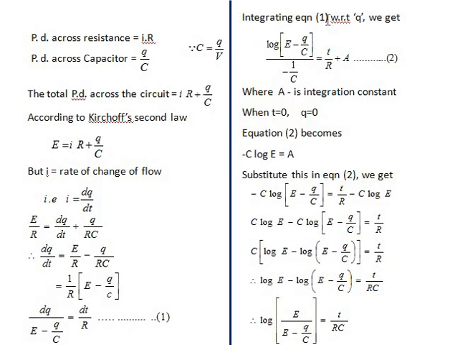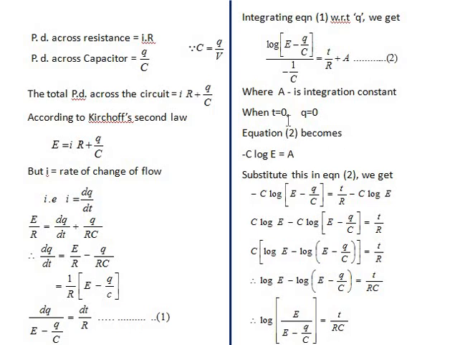Now integrate equation 1 with respect to q. The integration of 1 by x is log x. So we get log of E minus q by C. We are integrating with respect to q, so it is equal to minus 1 by C, and it is equal to dt divided by R. The integration is t by R plus A, where A is an integration constant.